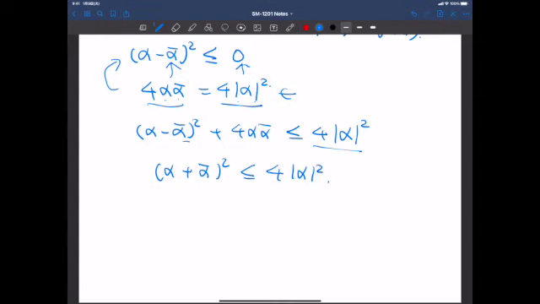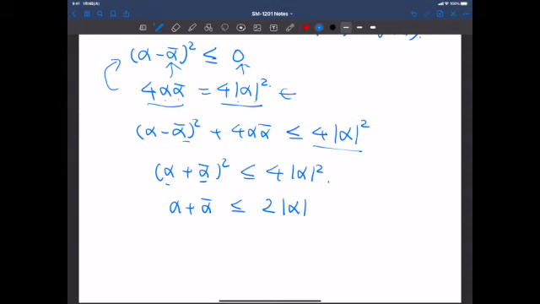Also note that alpha plus alpha bar is a real number, so we can just take the square root of both sides to have alpha plus alpha bar less than or equal to 2 times the modulus of alpha.